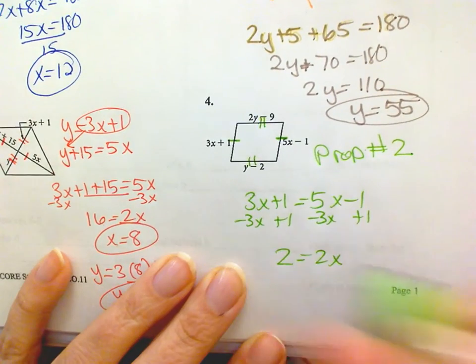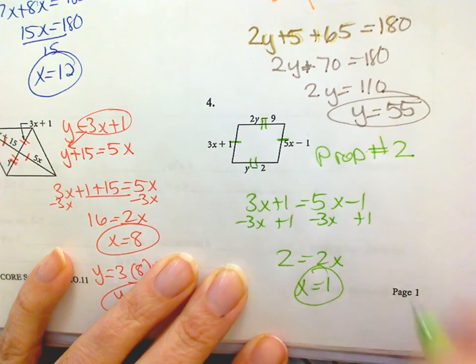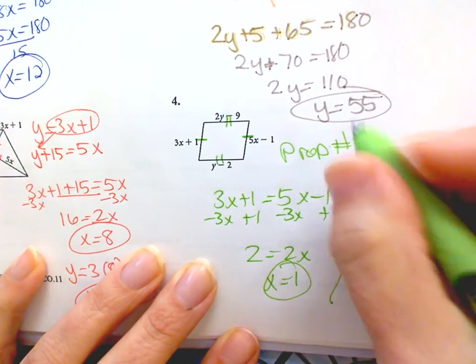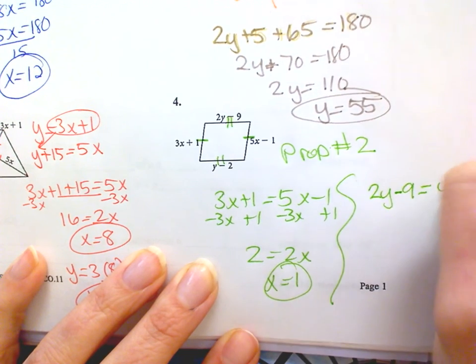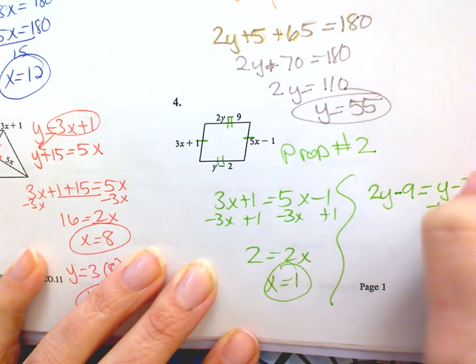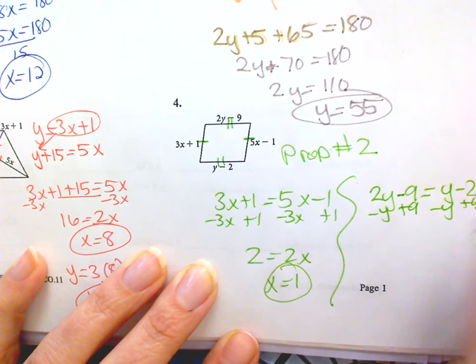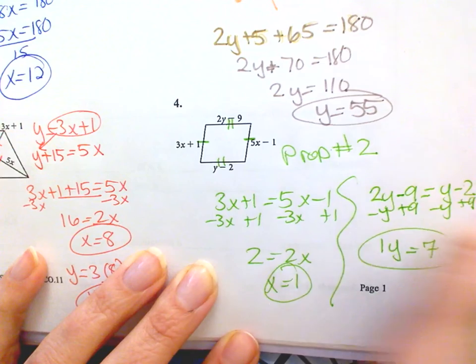Bada bing, bada boom, we get x is equal to 1. And then unfortunately for the y's, we can't just plug it in. We do have to solve it separately. So the top is equal to the bottom. So we get 1y equals 7.